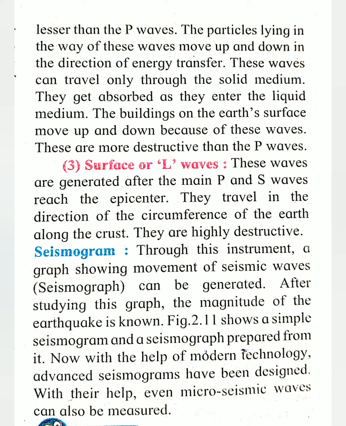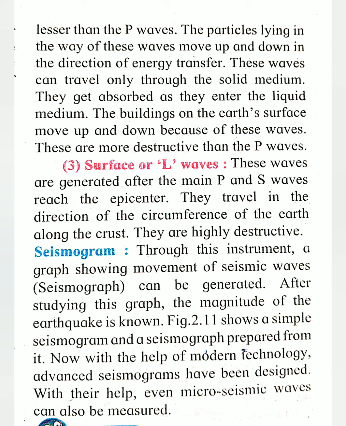And the next wave is the surface wave or the L waves. These waves are generated after the main P and S waves reach the epicenter. They travel in the direction of the circumference of the earth along the crust.